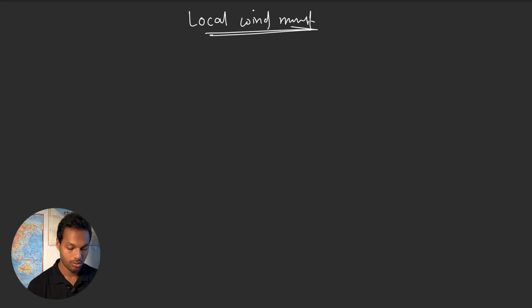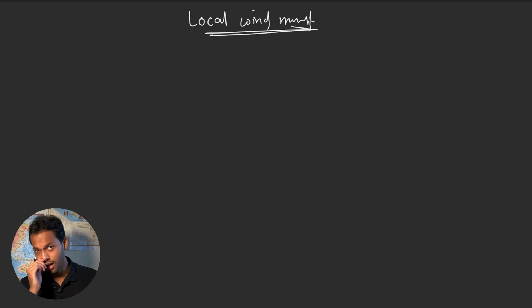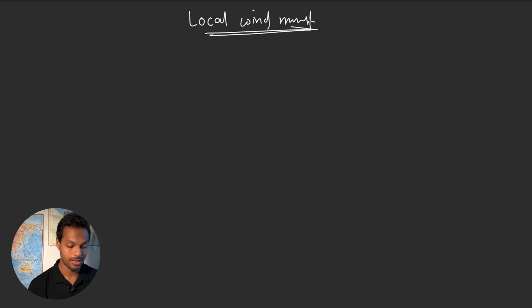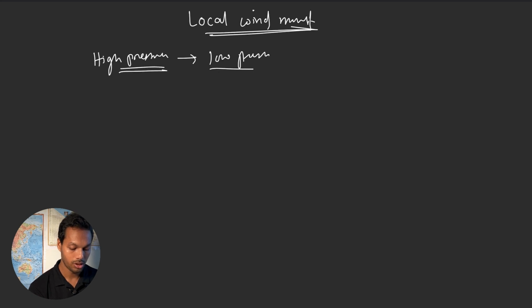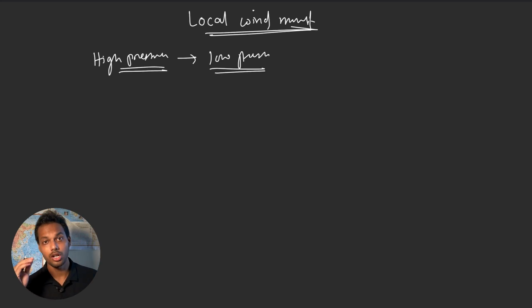Before diving into the topic, I would like to highlight some important concepts: how wind movement happens. Remember, wind movement always happens from a high pressure belt to a low pressure belt. In global wind circulation, we discussed the doldrums, the equator part, which gets maximum solar radiation, so the pressure is low and the temperature is high.